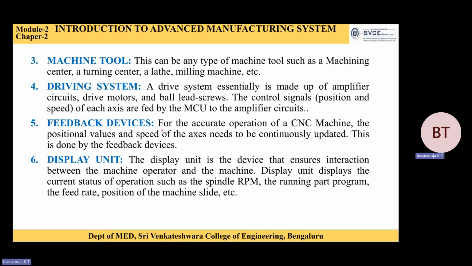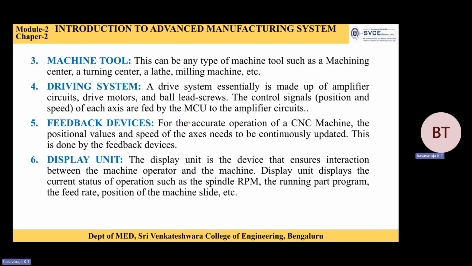Every piece of information will be supplied by the feedback devices only. All the information regarding the particular machine, even the construction of a machine, will be handled by the feedback devices. These feedback devices will retrieve all the information from the MCU about the particular system. Okay. Not only the positional values and the speed, but complete information about the system, these feedback devices are very, very helpful.